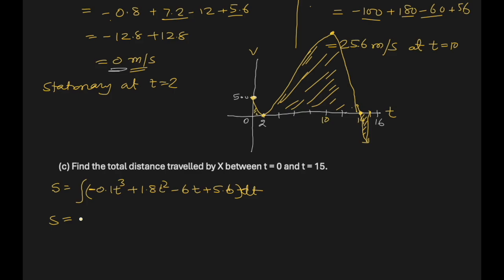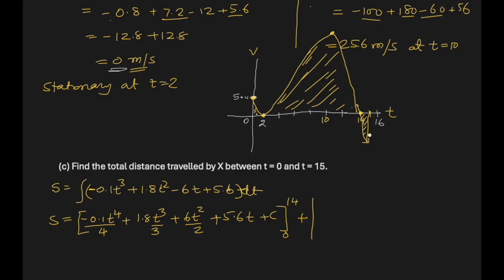So s equals minus 0.1 t to the power 4 over 4, plus 1.8 t cube over 3, minus 6 t square over 2, plus 5.6 t plus c. And we have to find this from 0 to 14 once, and then we have to find the absolute value of what is after that.